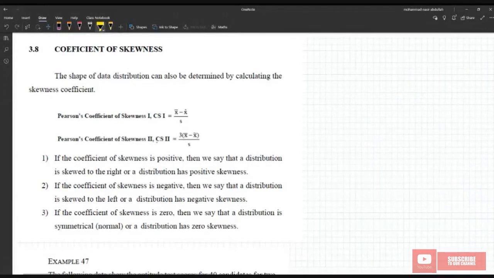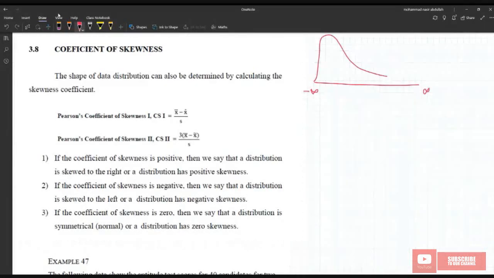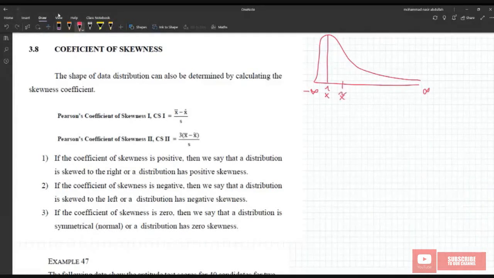So now we move to the measure of skewness. Right? In measure of skewness, we already know from the previous topic, measure of central tendency, when we have from negative infinity to infinity, right? When the mode is smaller than the median, smaller than the mean, maksudnya the mean is a larger value, then we have skewed to the left.